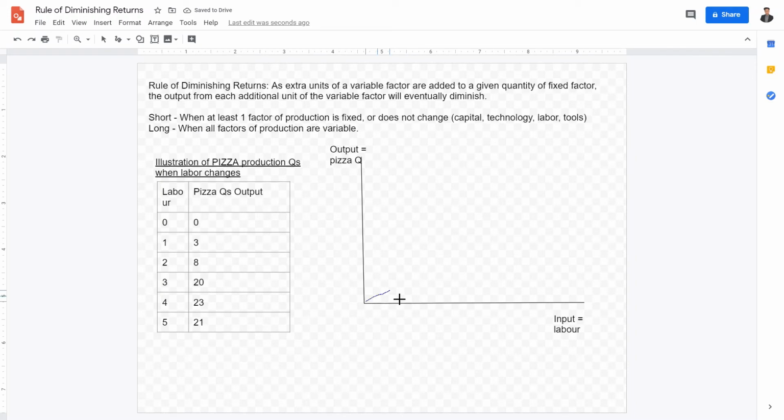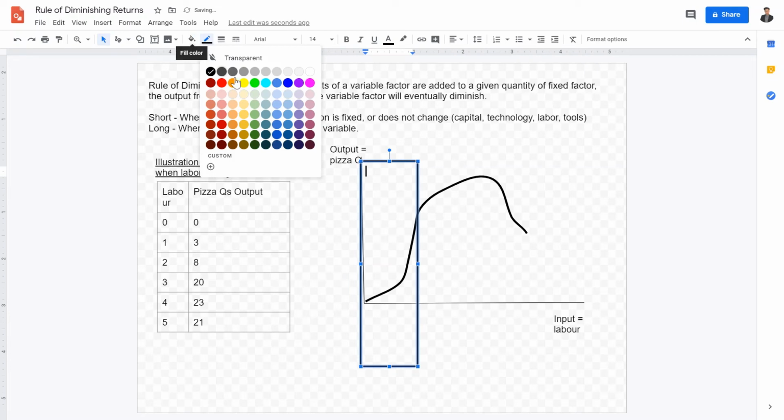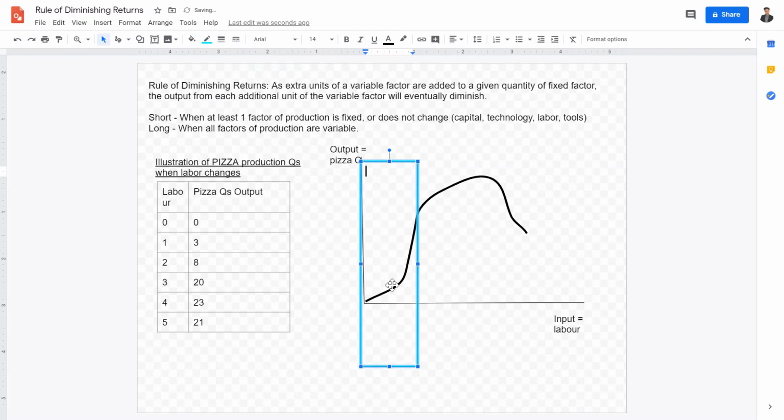It increases greatly, and it plateaus off, and it enters the region of diminishing returns. So this is basically what the curve would look like under the rule of diminishing returns. Now, under this, we can see three major sections. This is the first section, and I'm going to mark it in blue.